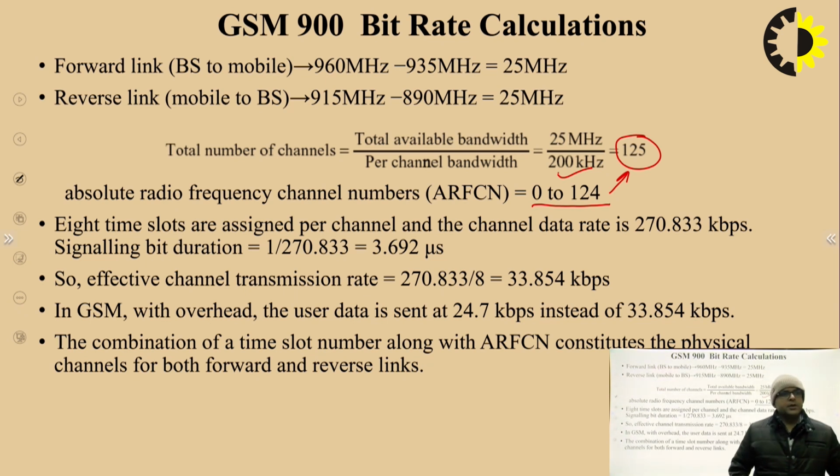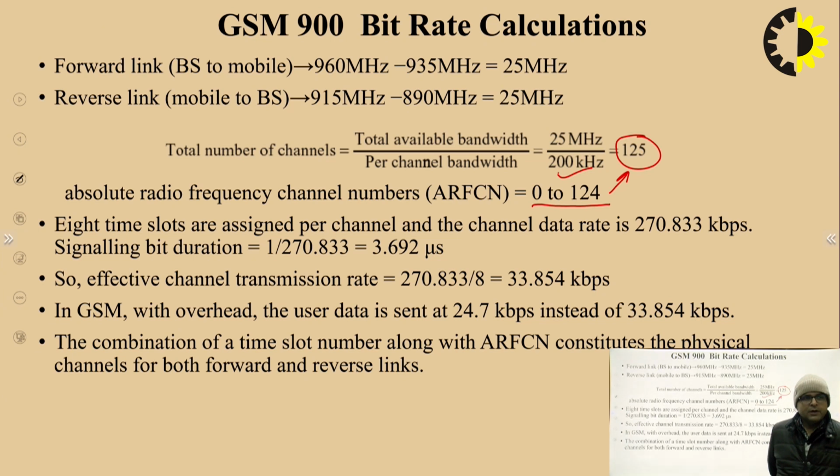Now since 8 time slots are assigned per channel and the channel data rate is 270.833 kbps, the signaling bit duration will be 1 by channel data rate, and it comes to 3.692 microseconds.